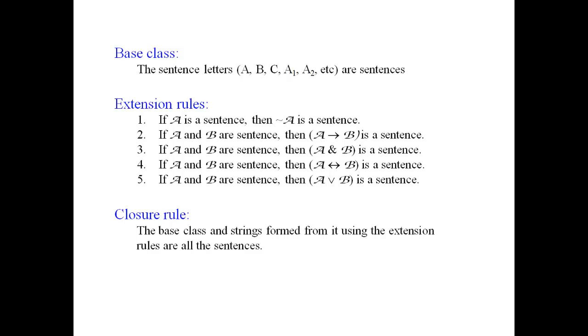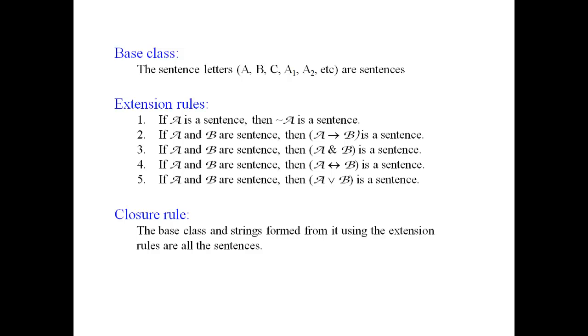All right. So what we do is we say that our base class consists of these sentence letters, right? And then we say if any sentence A is a sentence, then not A is a sentence, right? So this lets us expand here. We can go from A to not A, but we could also go from A implies B to not parenthesis A implies B, right?